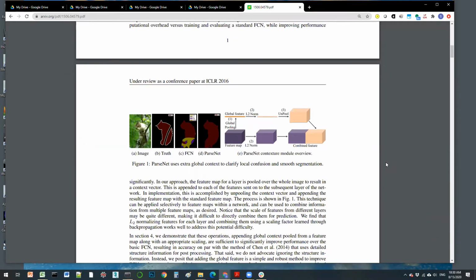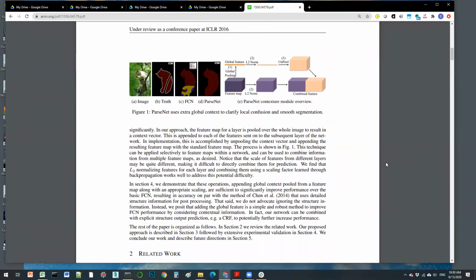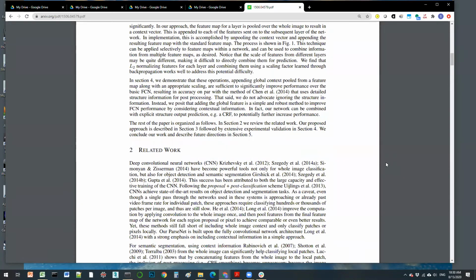The image pooling is the letter E here. But I couldn't understand this by looking at the picture. I didn't have time to read the whole paper, but it seems they are trying to extract the global context with a global pooling of the feature map, and then they do a normal convolution, this L2 norm operation, and then they concatenate it.